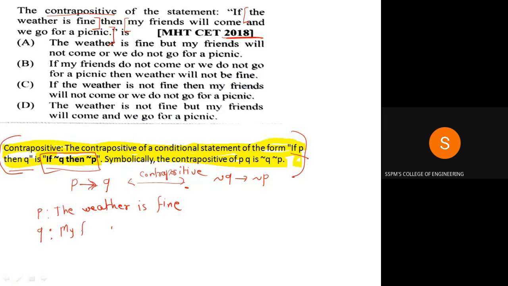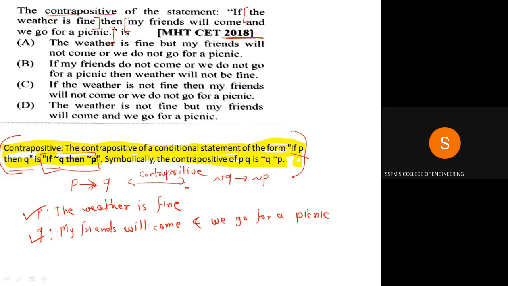My friends will come and we go for a picnic. So this is our P and this is our Q. The first part is P and the second part is Q.